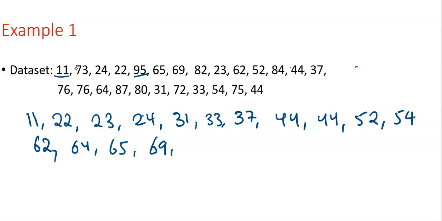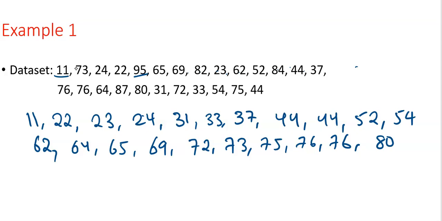In the 70s, 72, 73, 75, 76, two of those, and then 80, 82, 84, 87, and then 95 as the last one.